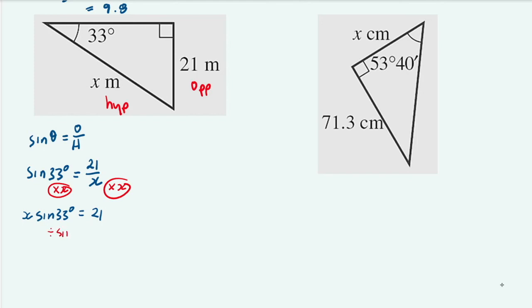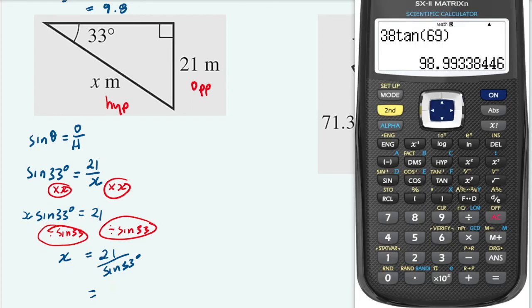So we divide by sine 33, divide the other side by sine 33, and that leaves us with x equals 21 over sine 33. So let's whack our calculator out now and do that one.